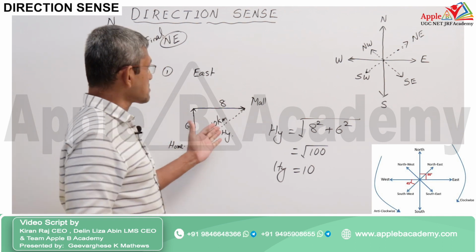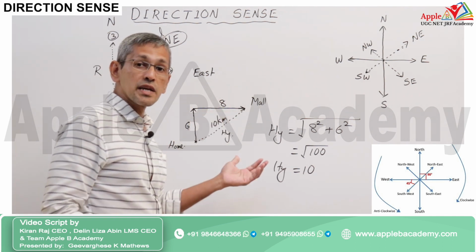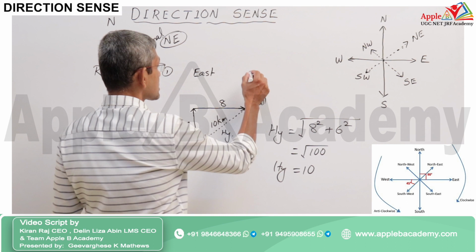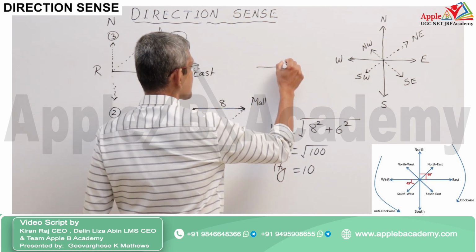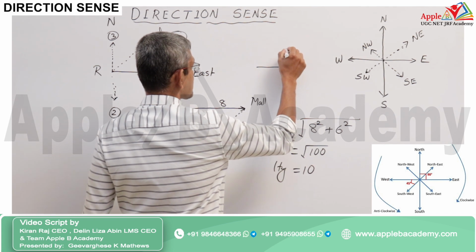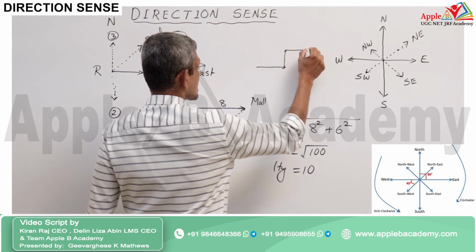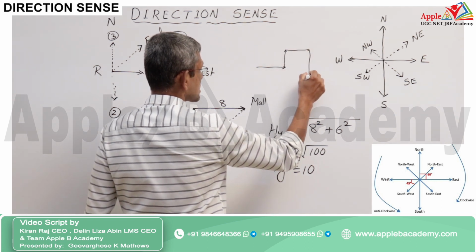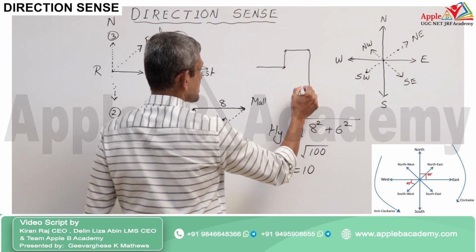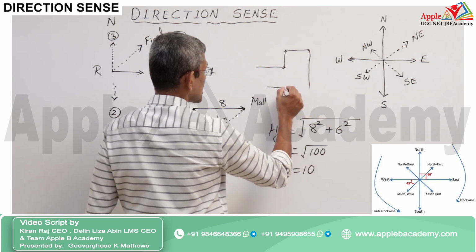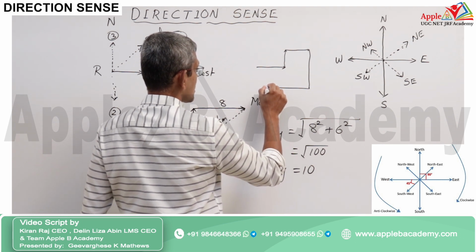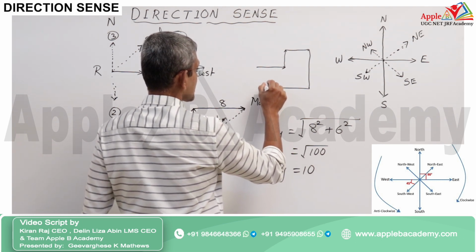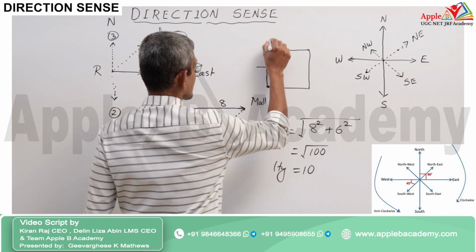Sometimes, if they want to make it a little more complicated, they may say the person moved towards east, then made a left turn, then a right turn, then one more right turn, then a left turn, and then another right turn going towards north and finally reached here.